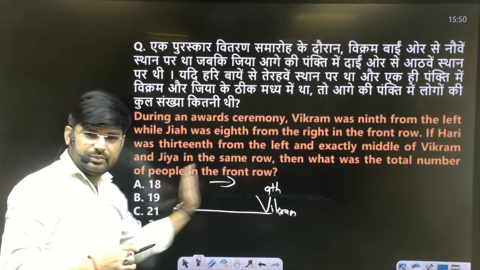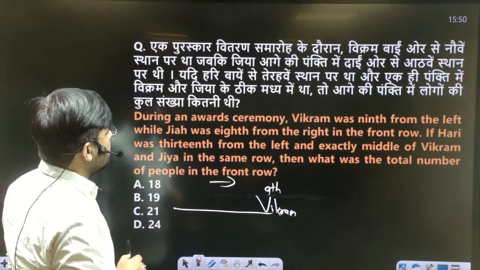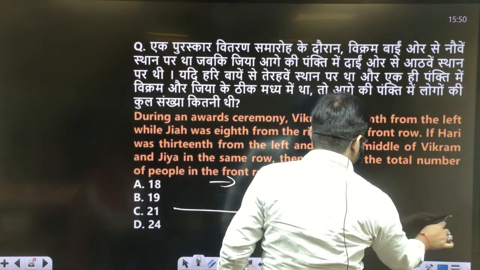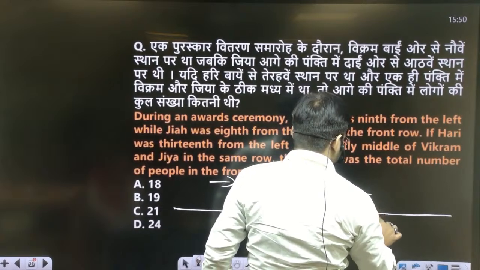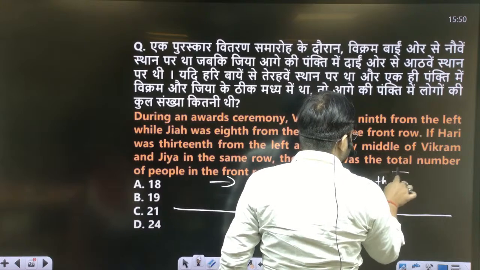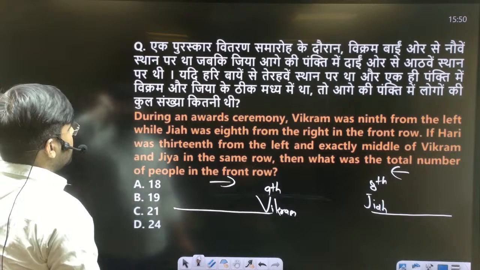Bikram was 9th from this side because this one is the left hand side. And Jia was 8th from the right, from this side, because this one is the right hand side.